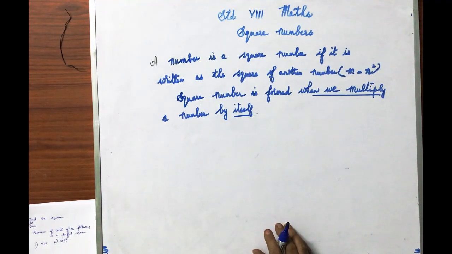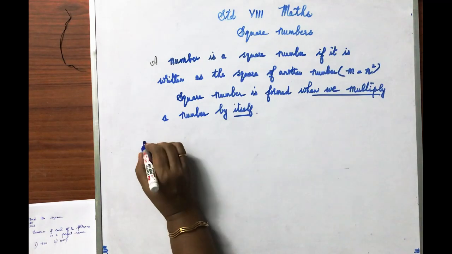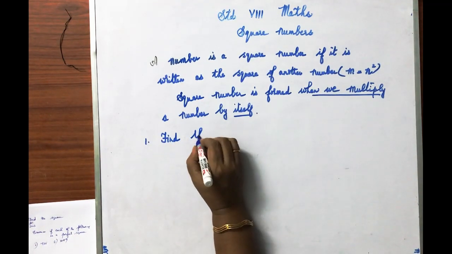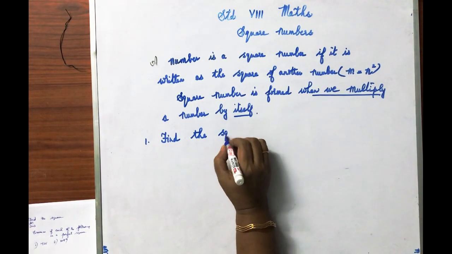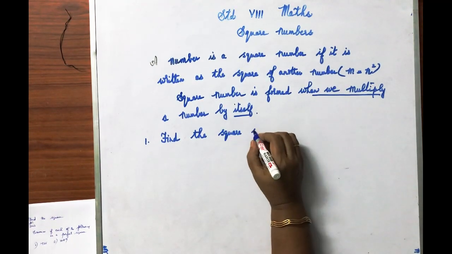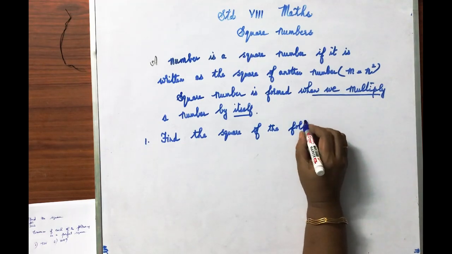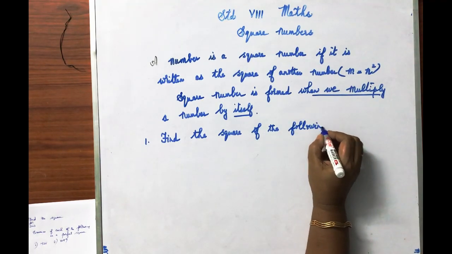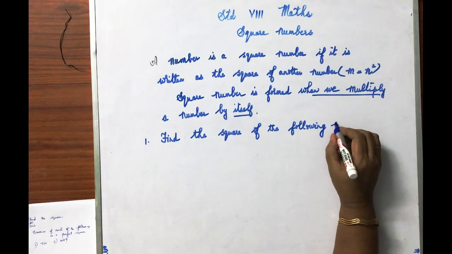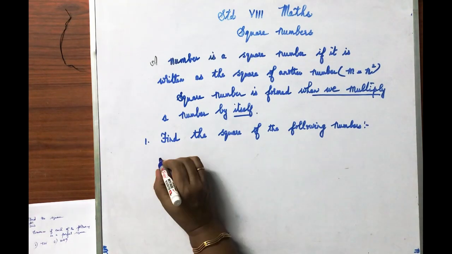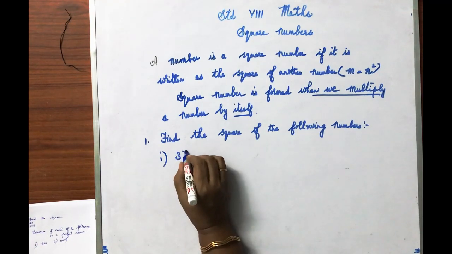Now we are going to do the sums based on this. Find the square of the following numbers. First number is 37.